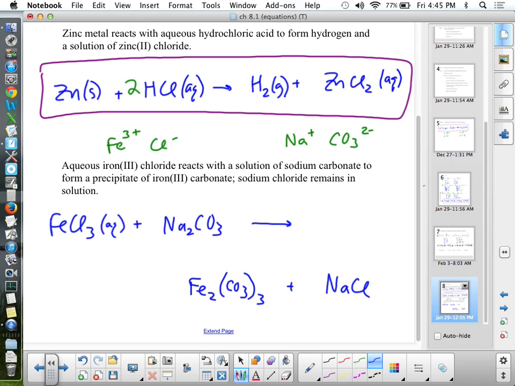If the verbal description of the reaction tells you that it's a solution, you should assume that that means aqueous. So that means the sodium carbonate and the sodium chloride are aqueous. Precipitate might be a new word to you, but precipitate essentially means a solid. So the iron 3 carbonate is formed as a solid.